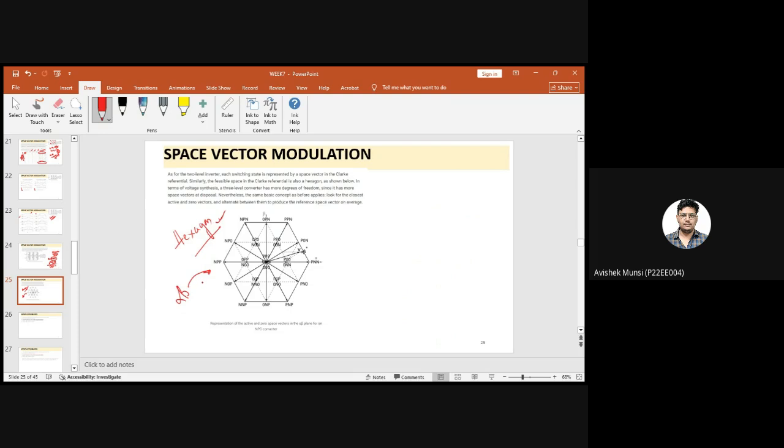So for a three-level, we have more degrees of freedom since it has more space vectors. So the diagram will be different, but it will be closest to this active and zero state of the vector. Okay. So we're not going deep into the SVM, just a brief review of it.